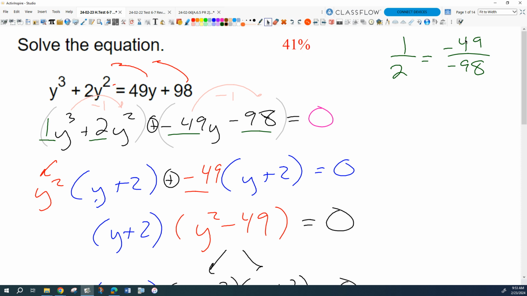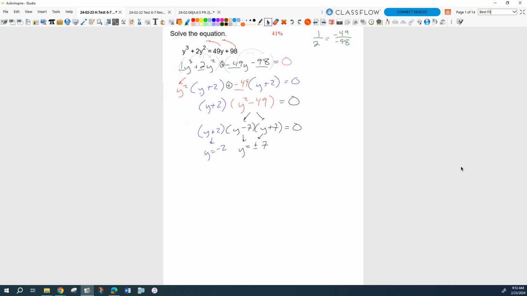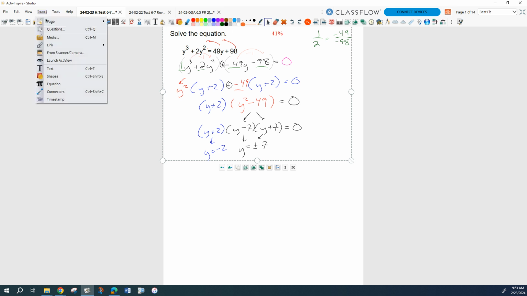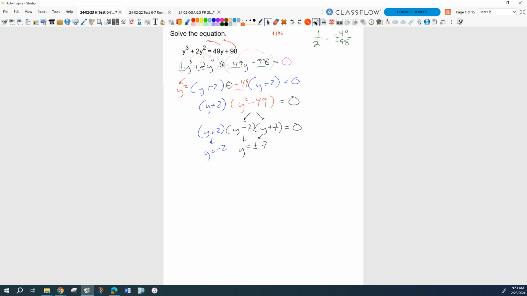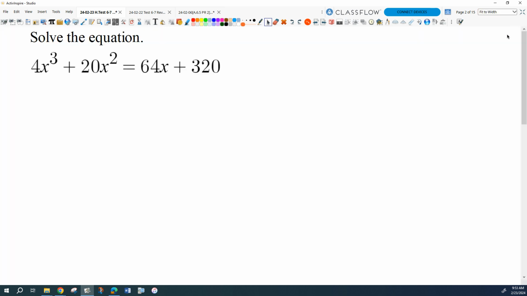Okay, what about one like that? Again, this is a grouping problem, right? So we're going to move everything to one side, but I want to mention one other thing here.